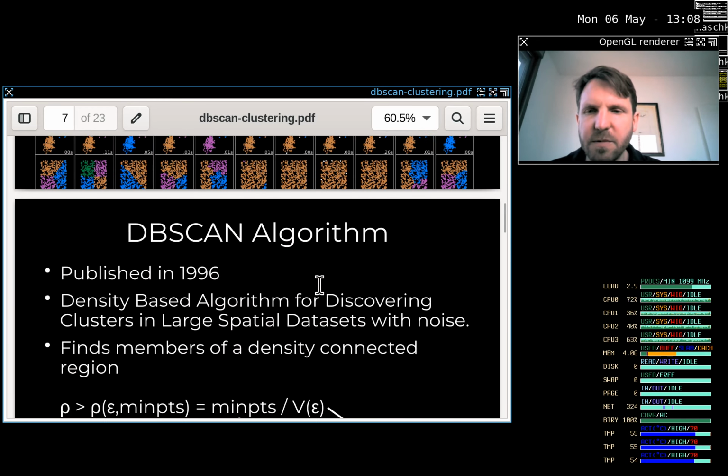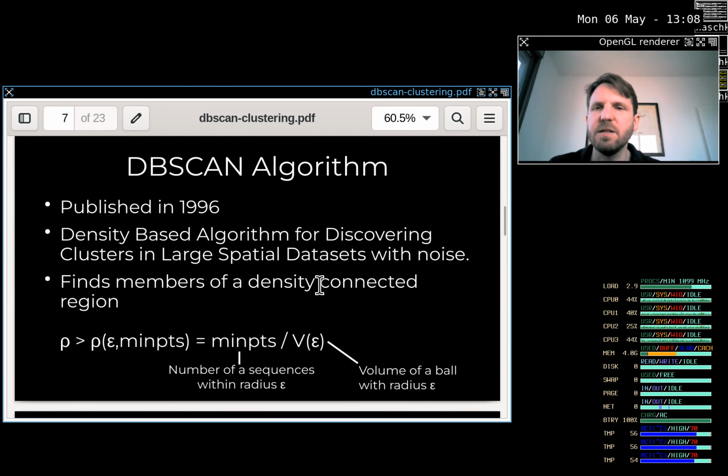Okay, so the DBSCAN algorithm is already quite old. It was first published in 1996, and the name is basically density-based algorithm for discovering clusters in large spatial data sets with noise. What a spatial data set is is not really defined, because it can be all kinds of things.